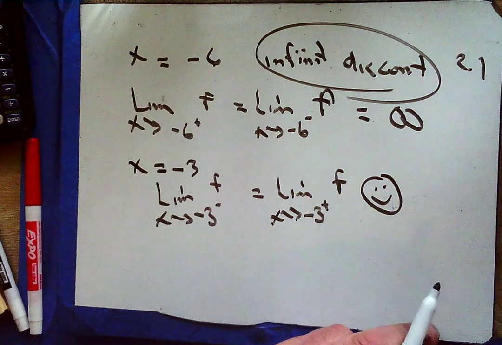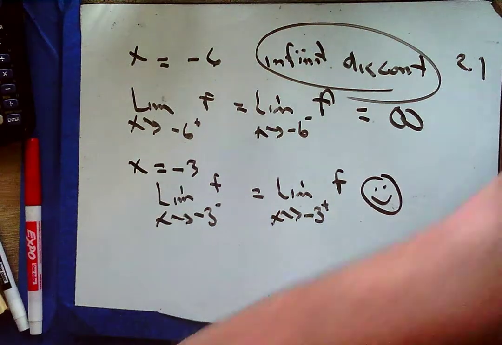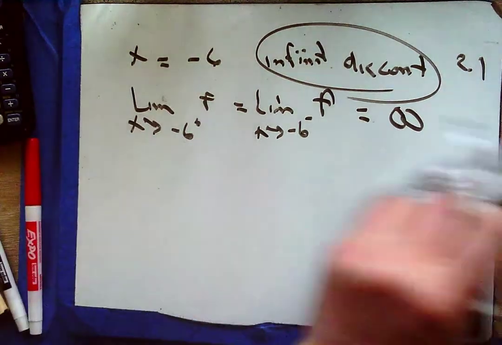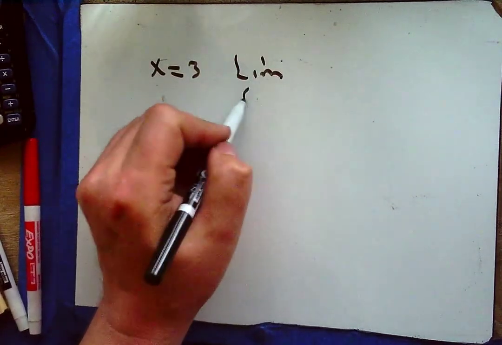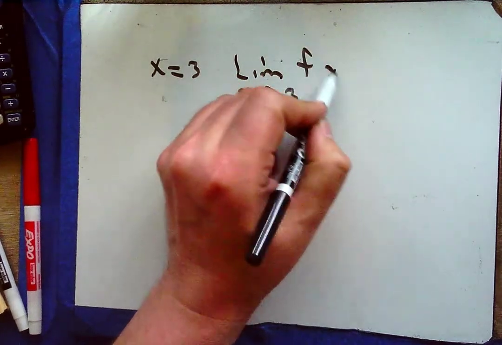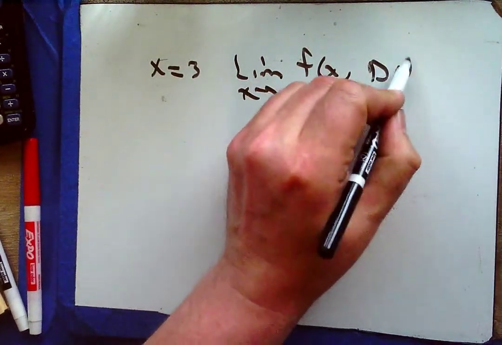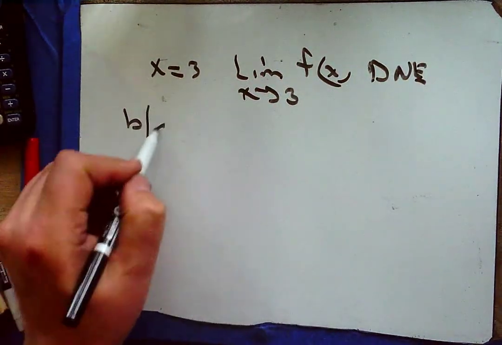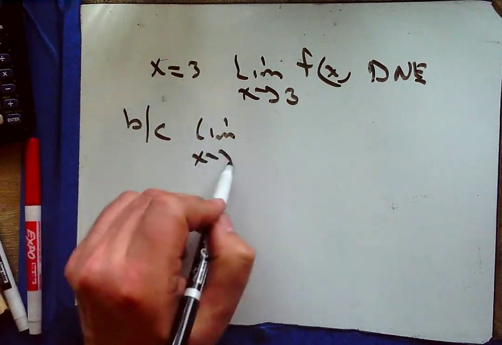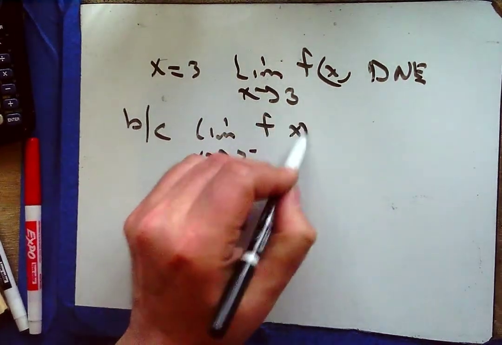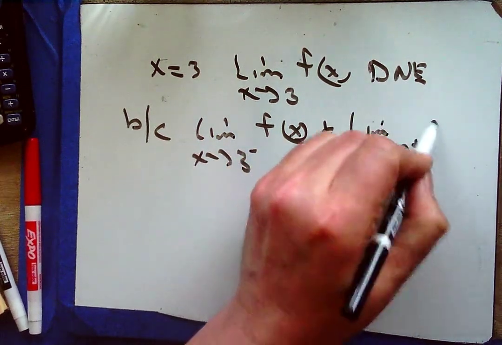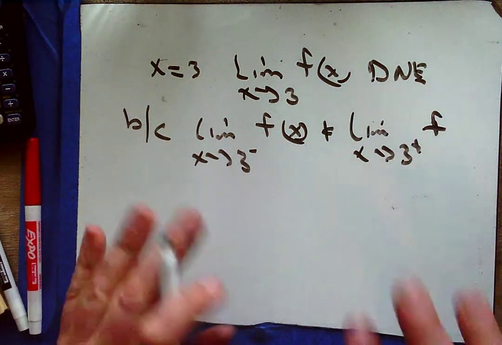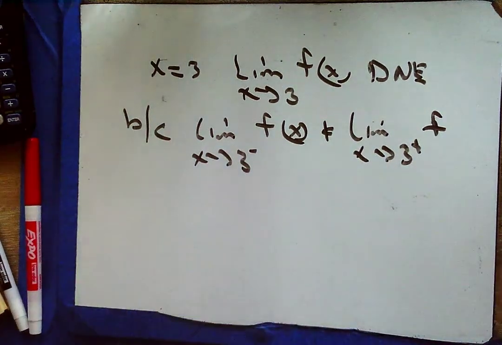I guess really then my only for sure place where I would say the limit does not exist is at x equal to 3. The limit as x approaches 3 of f of x does not exist because the limit as x approaches 3 from the negative side does not equal the limit as x approaches 3 from the positive side. Okay, please be in the habit of writing justifications.